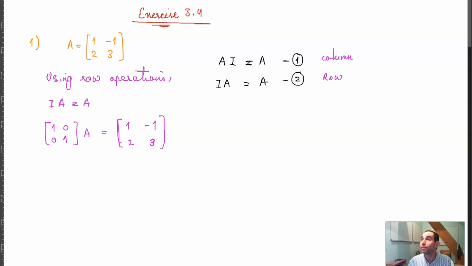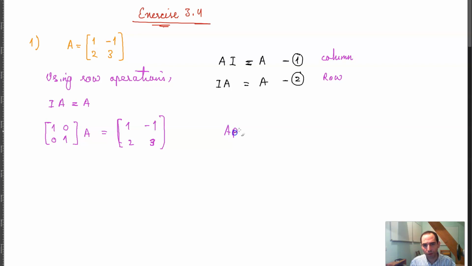So basically the matrix, you can write it as [1, -1; 2, 3] is equal to [1, 0; 0, 1] times A, and I'm going to perform the row operation.